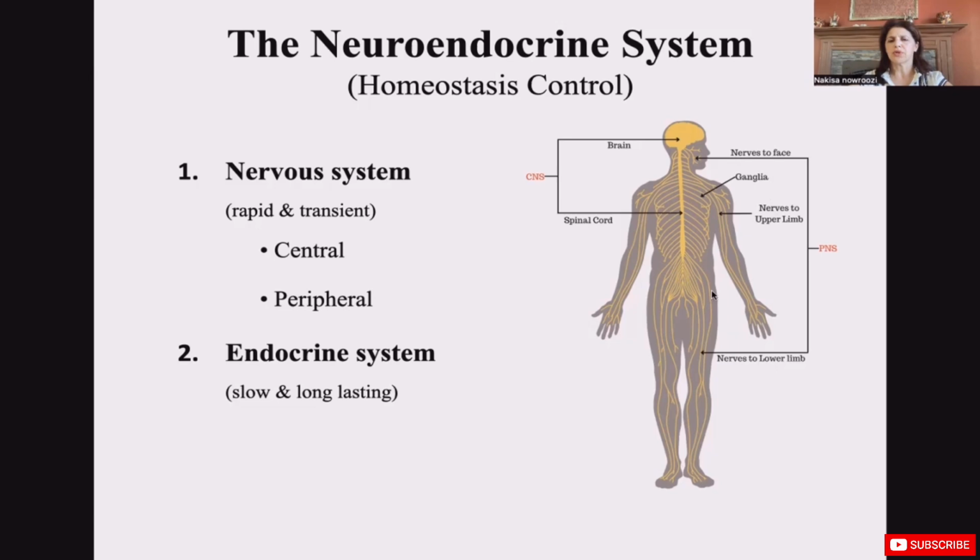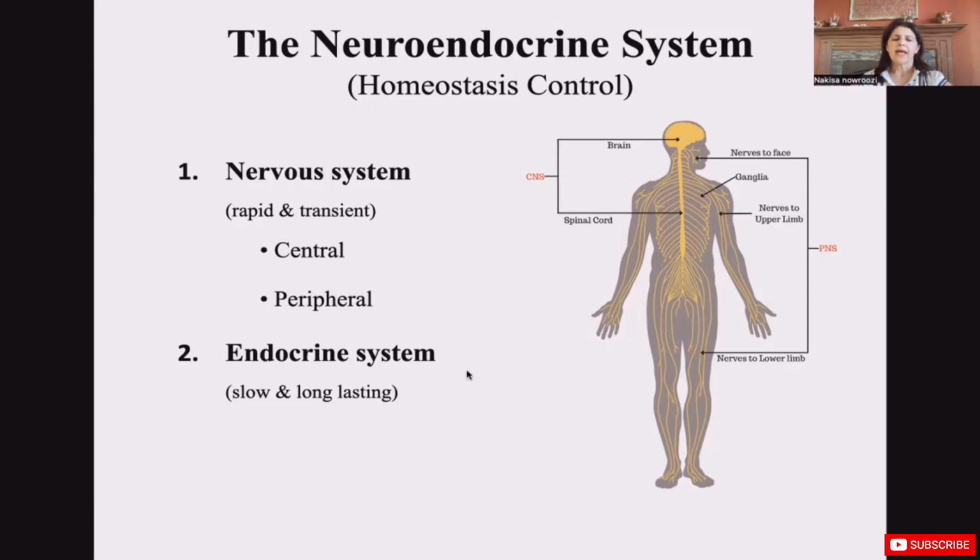For example, here it's showing nerves to lower limb, upper limb, face, and so forth. These are peripheral nervous system that's supporting the command going to the central nervous system and coming back to the affected organ or affected tissue.